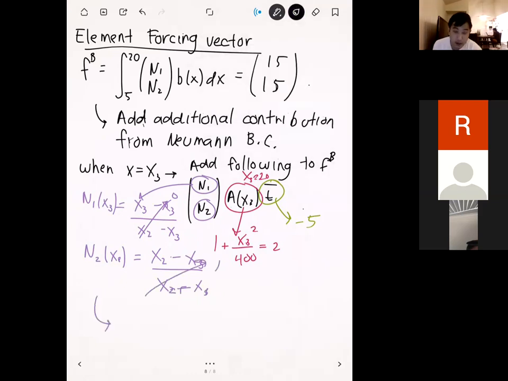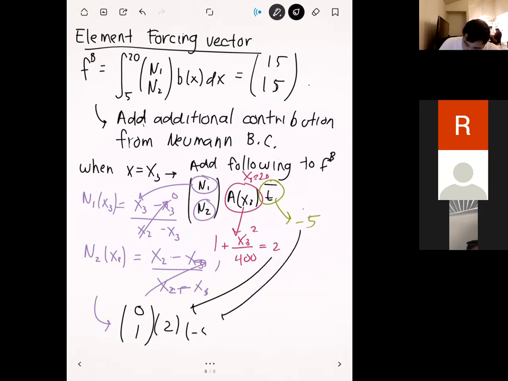And so the contribution to the element forcing vector from the Neumann boundary condition is going to be 0 and 1. That's what you get for evaluating the shape functions at the boundary. Then we're going to multiply it by 2, which is from the area, and then by minus 5, which comes from the boundary condition itself.